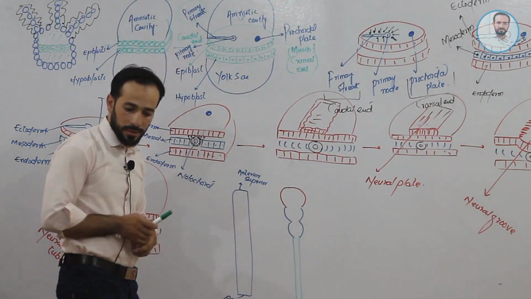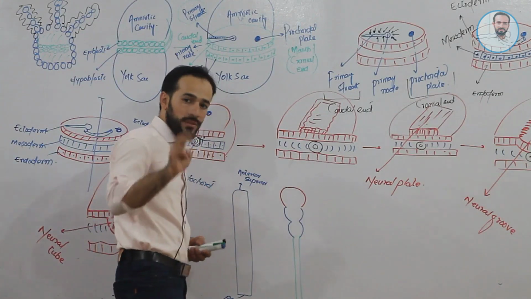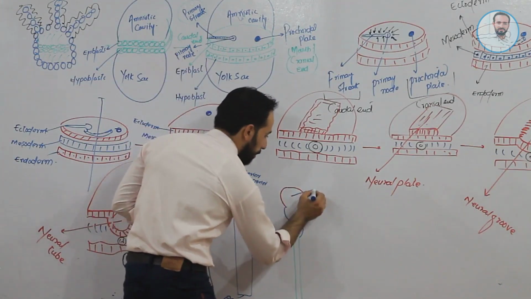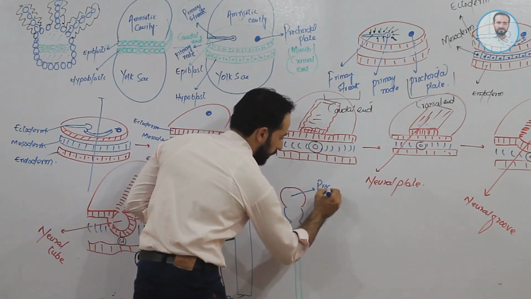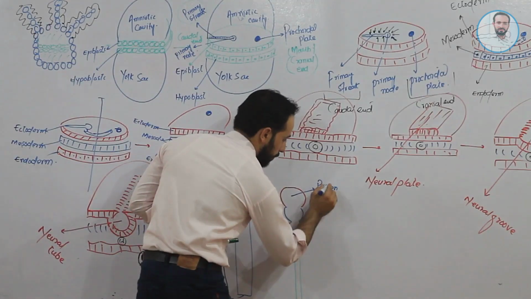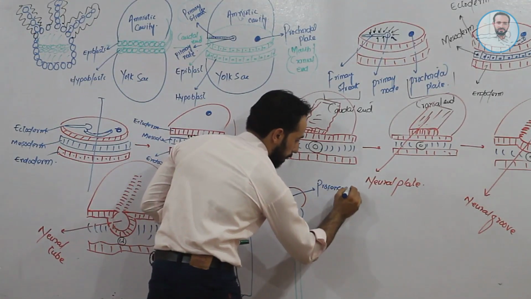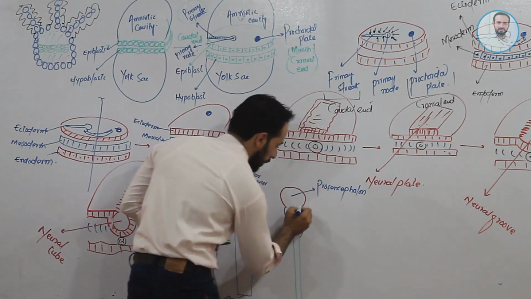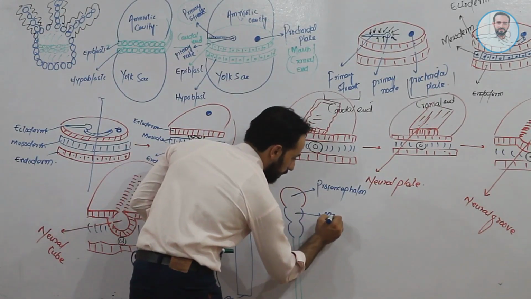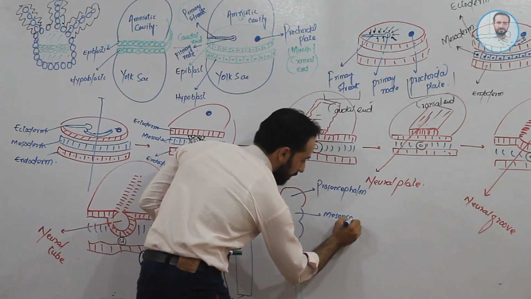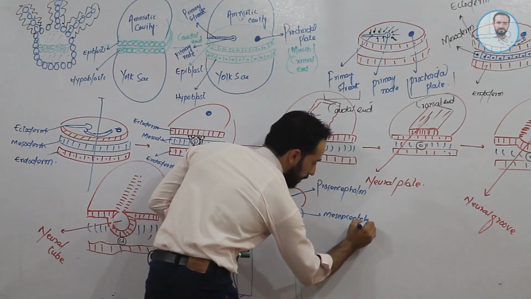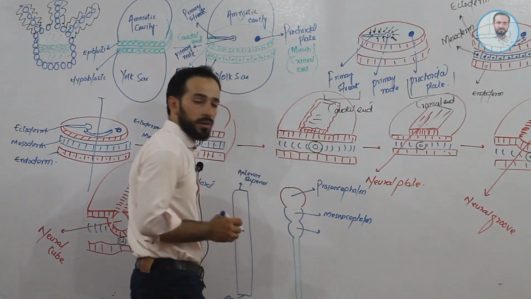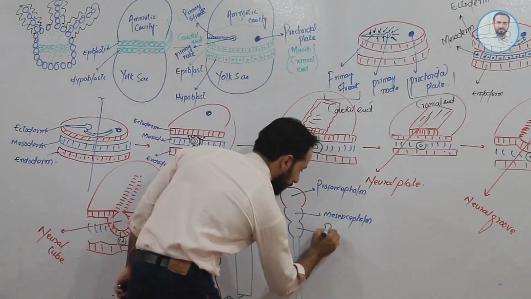This upper swelling is called the prosencephalon. This middle one is called the mesencephalon, and this lower one is called the rhombencephalon.